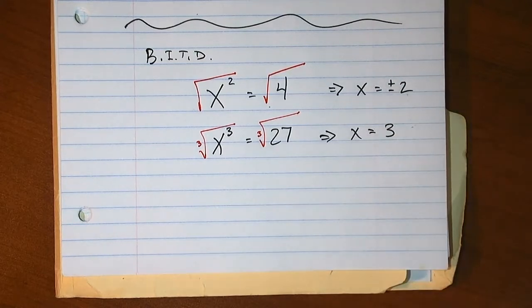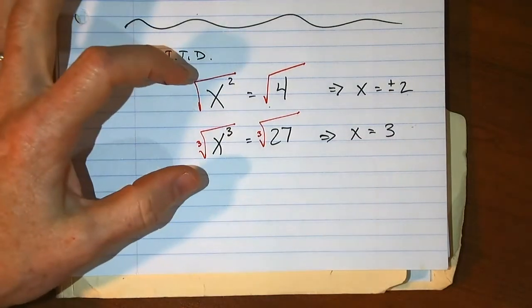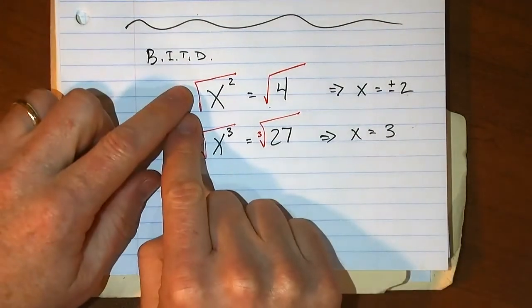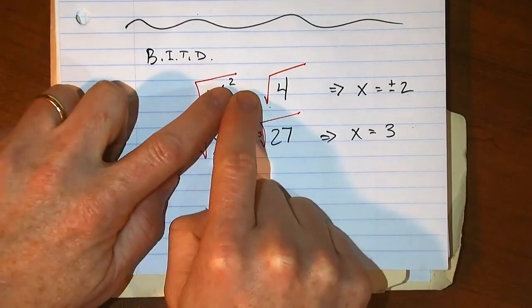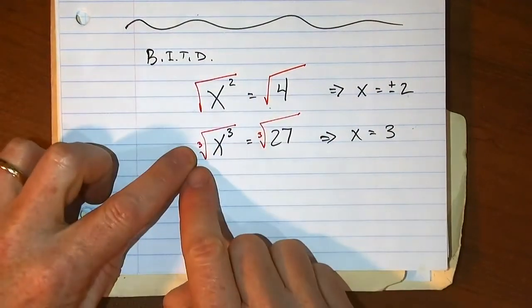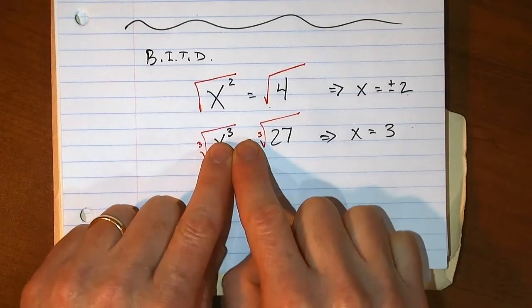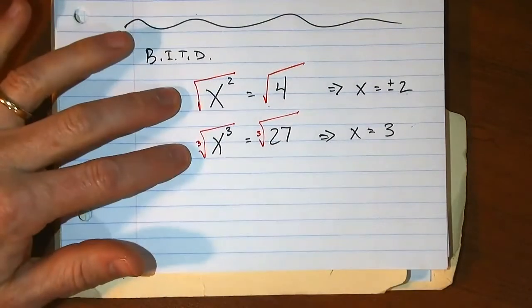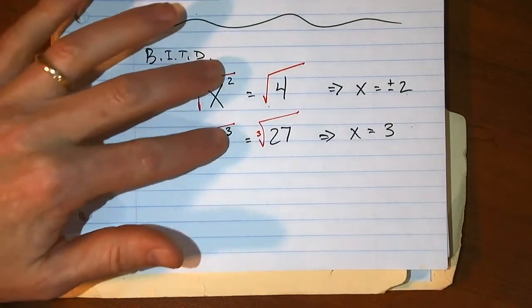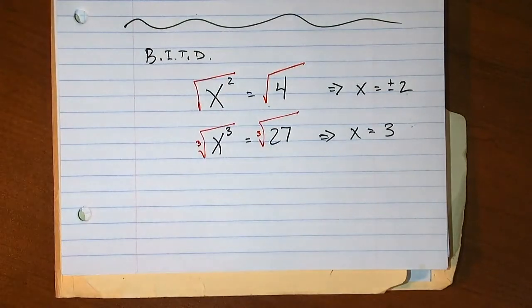And that's all stuff that we've done before. But the bottom line is the reason that this process works is because square roots are the inverse operator for squares, and cubed roots are the inverse operator for cubes. In general, a radical is the inverse operator for a power, okay?